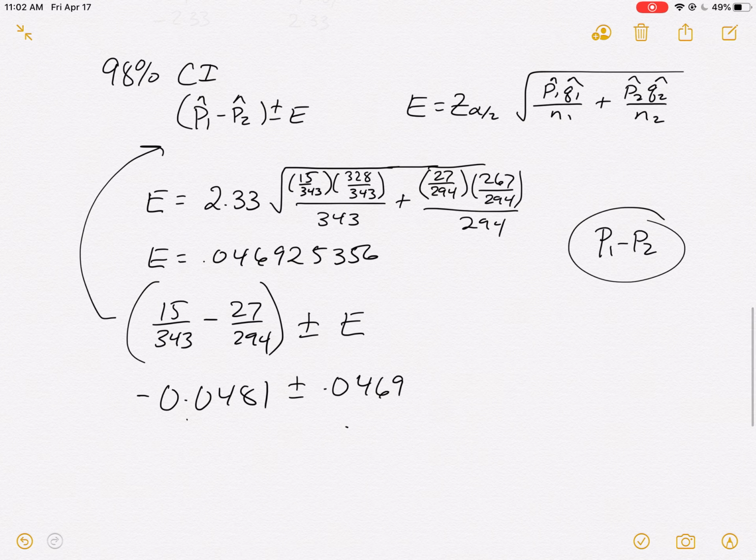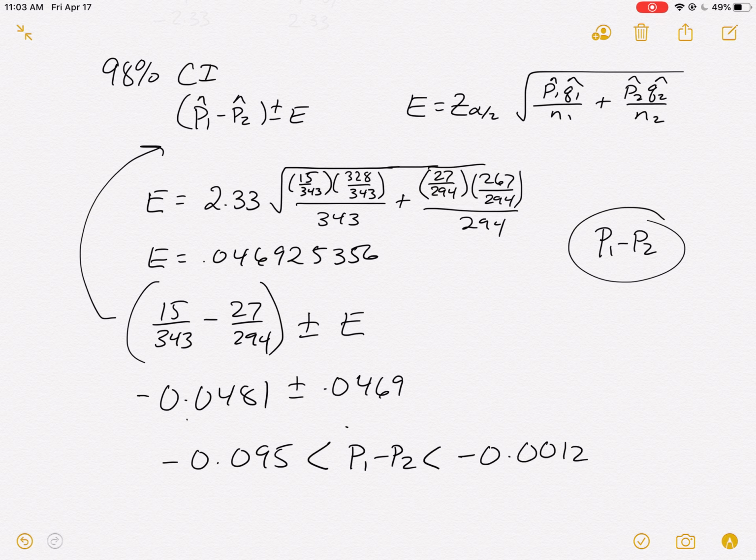And what's left to do? Take the negative 0.0481 and subtract away the 0.0469 to get a low value of negative 0.095, less than P1 minus P2, which is less than, and if I add that error on there, look what happens. I stay negative, 0.0012. We totally expected that to happen.